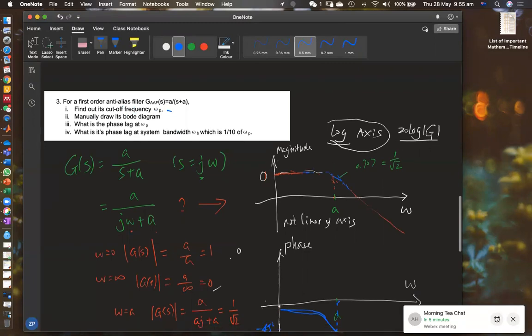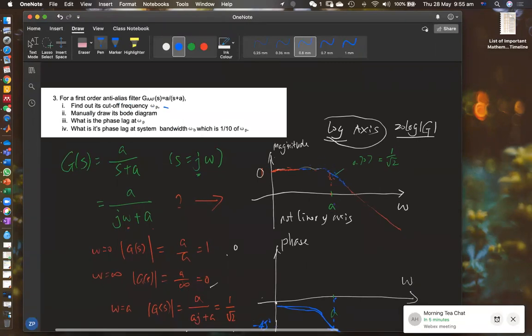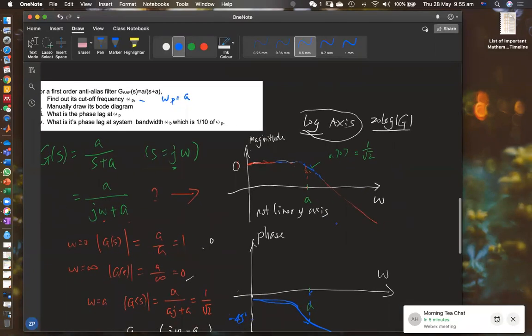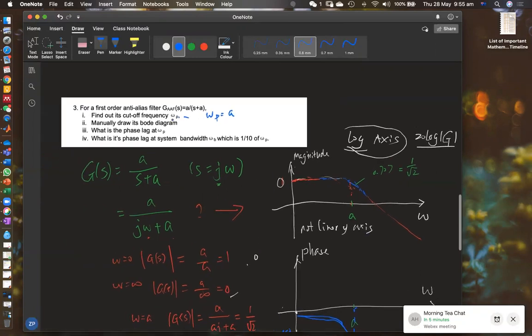The cutoff frequency for this one is when omega equals A, so omega p is equal to A. This is also what we did for our anti-aliasing filter. Actually, this is our anti-aliasing filter. The whole point of this question is to help you understand a bit more, when we do design by emulation, where this filter comes from and why we choose it.